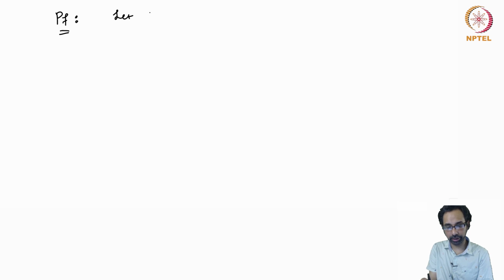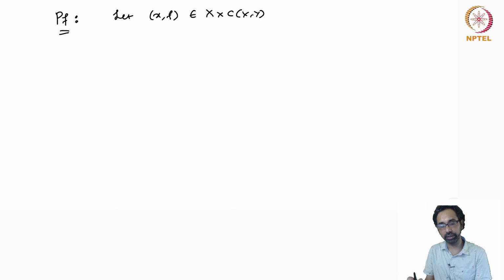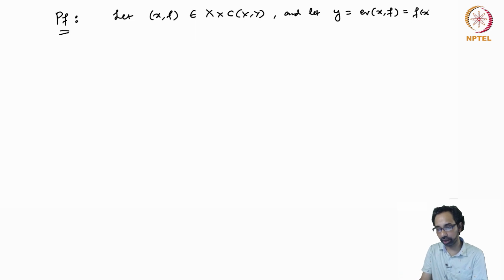Let (x, f) belong to the domain of this evaluation map, which is X Cartesian product with C(X,Y), and let y be the evaluation of x and f, which is nothing but f(x).